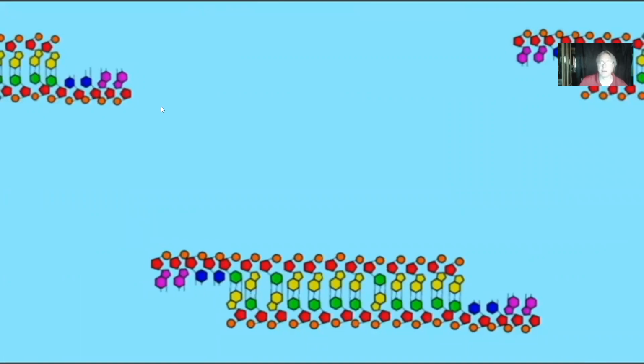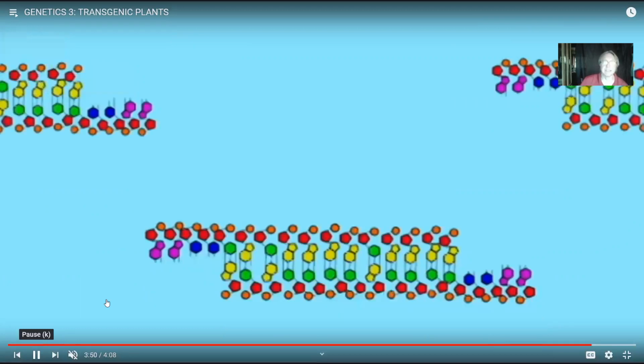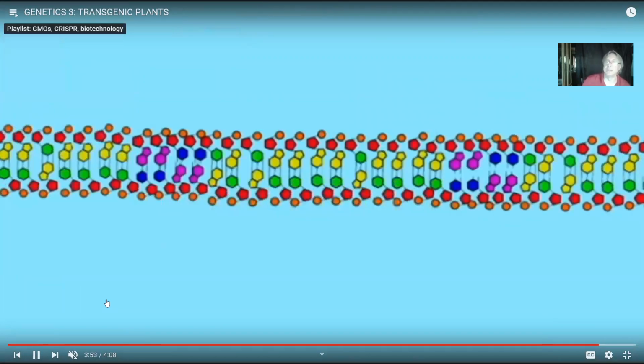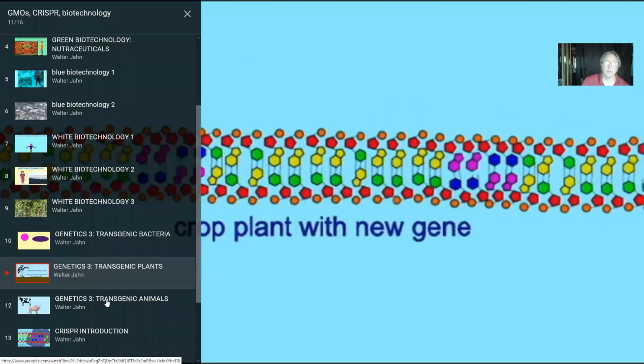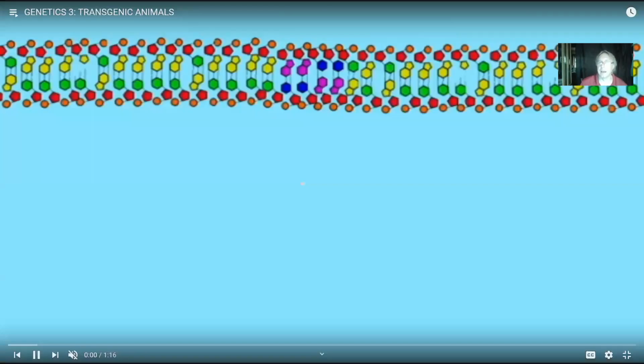Now, not only can this be done to plants, the same principle as what I had just explained, but this could be done to animals as well. You could say, I would like this animal better if they had this trait. So you could take animal DNA and change it through the same principles.